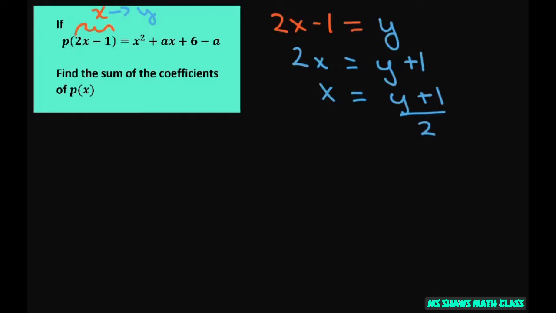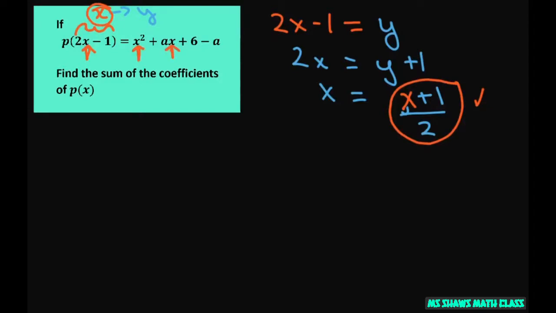Now I'm going to change back my y and put it as x. So when I substitute this in for this x, I should get x. And if I did this right, I will also substitute it in for these two x's here.